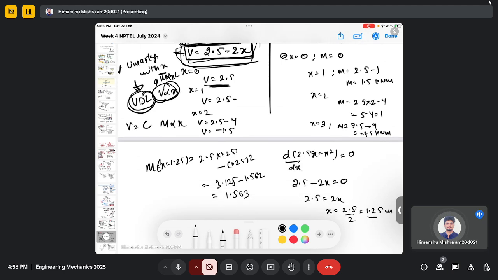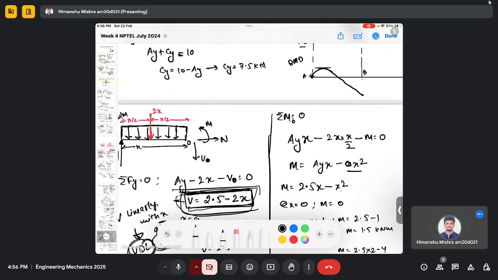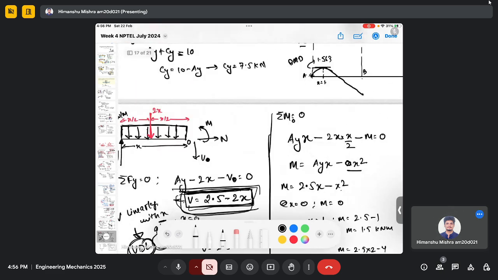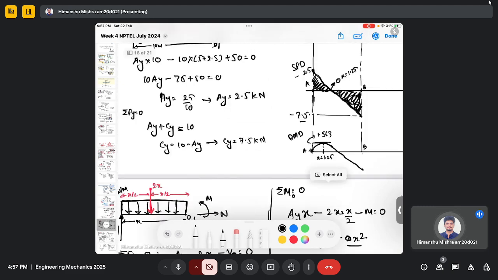This is the maximum positive bending moment you can get here, 1.563, at the location x equals 1.25 meter. So as of now, this is my magnitude of bending moment.